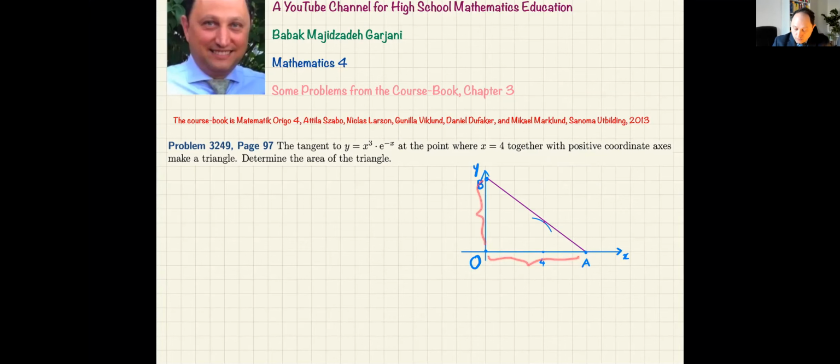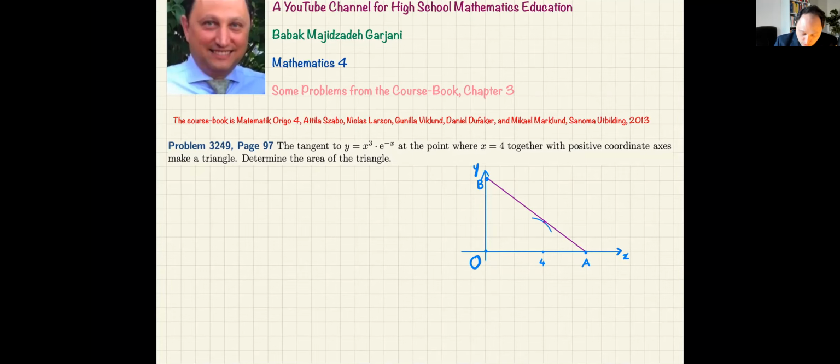To understand these lengths, I need to know the equation of this line. The y-intercept is this number, and the x-intercept is this number, as simple as that. So the first thing I understand from this analysis is that I need to know the equation of my tangent line, and this is a very typical example.